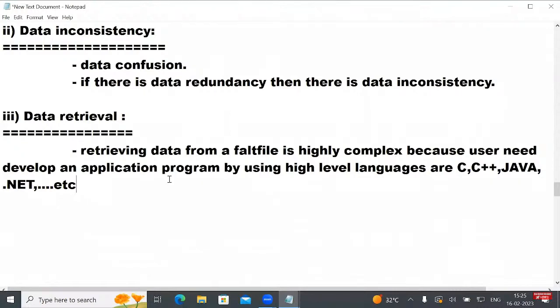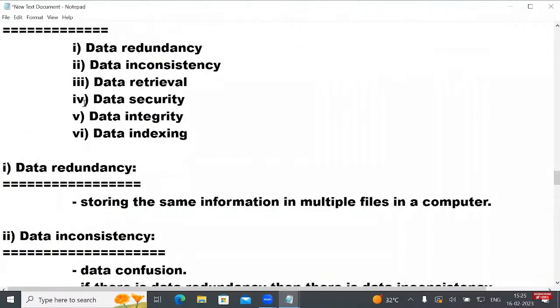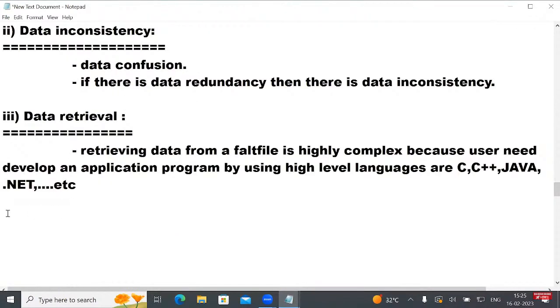Now, what is the next problem here? Data security problem. Flat files give very poor security for your data. Once I store data into flat files, there is no security because anybody can come and open my flat file and see my data.